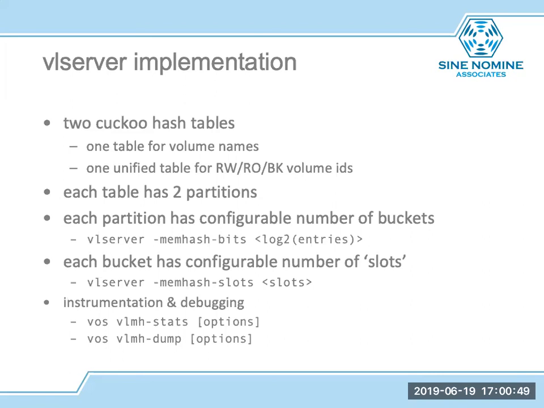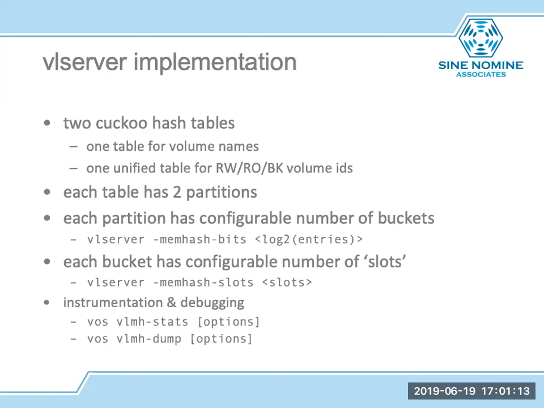I'm sure the person that implemented that in the beginning thought that was an important distinction to be able to make, because the VLserver RPCs that do lookups by volume ID allow you to specify whether I specifically want an RW, an RO, or a VK, or I don't care. I want you to search all 3.